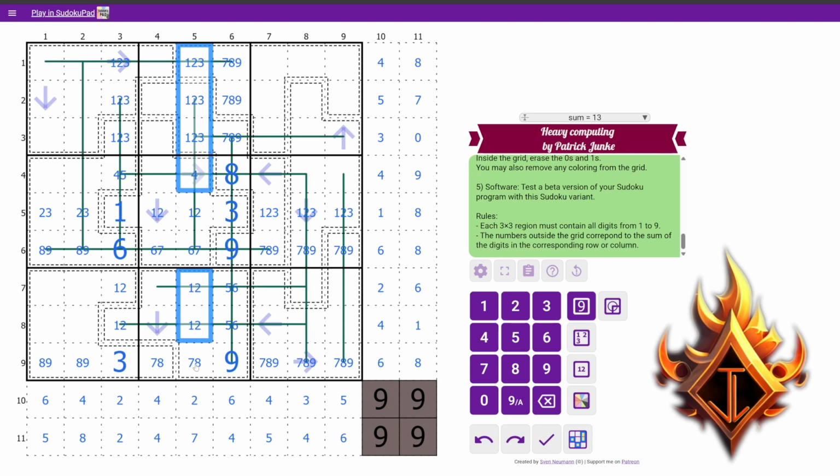So it has to be 7, 6, and 1. 7, 2, 5. Okay, so those are all minimum. And that gives me an 8 there.